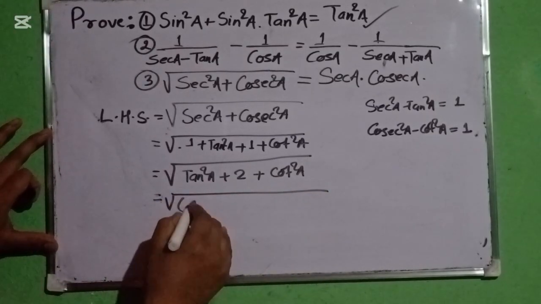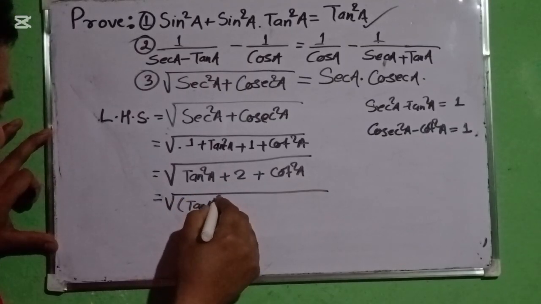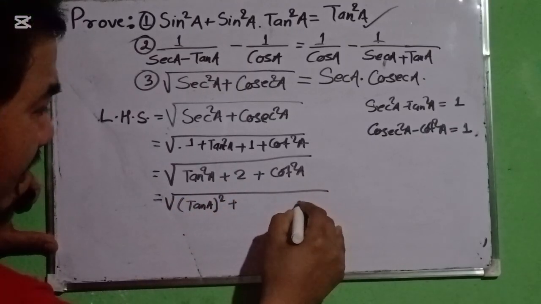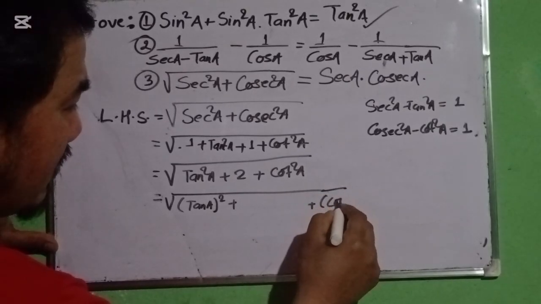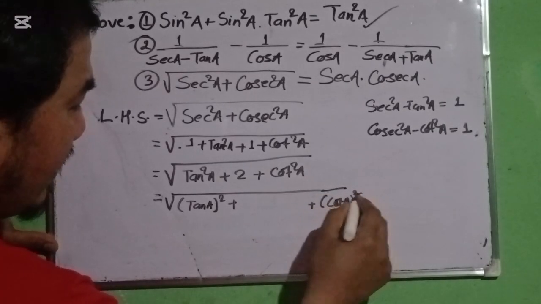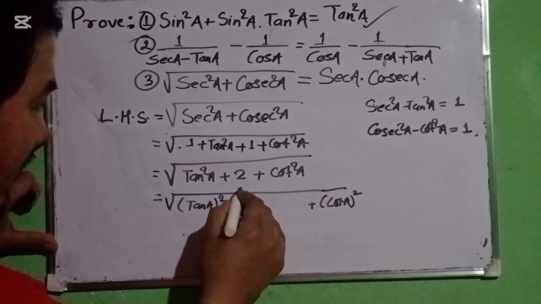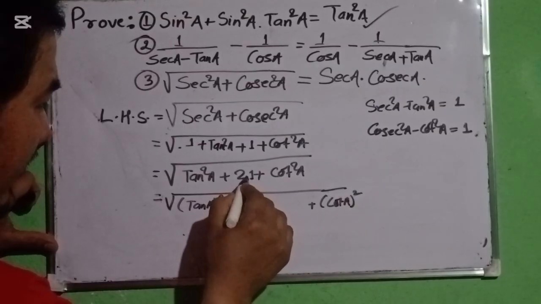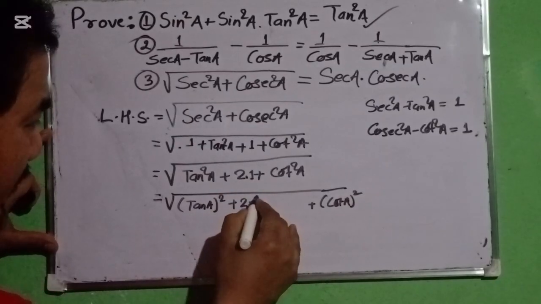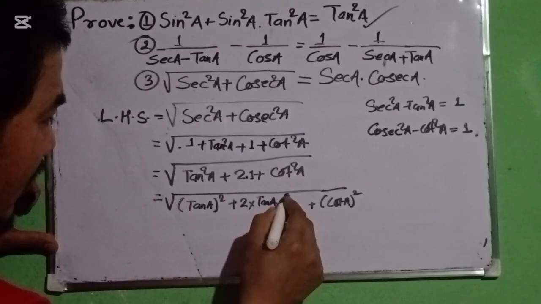Now we can make this like this: tan A whole square plus cot A whole square, this A square, B square, and here 2 into 1, because 2 ones are 2, that's why we write 2 into 1, and in place of 1 we can write tan A into cot A.